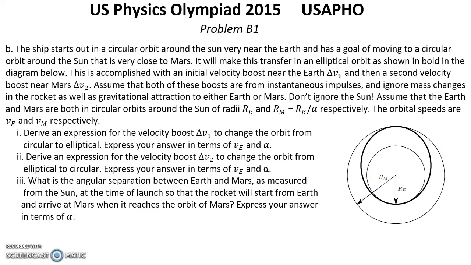Part B. The ship starts out in a circular orbit around the Sun, very near the Earth, and has a goal of moving to a circular orbit around the Sun that is very close to Mars. It will make this transfer in an elliptical orbit, as shown in bold in the diagram below.